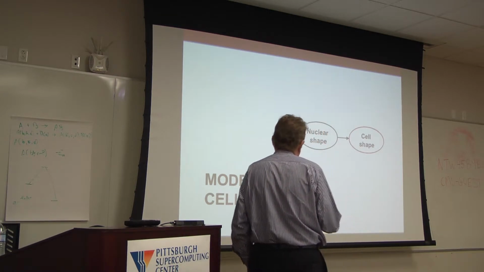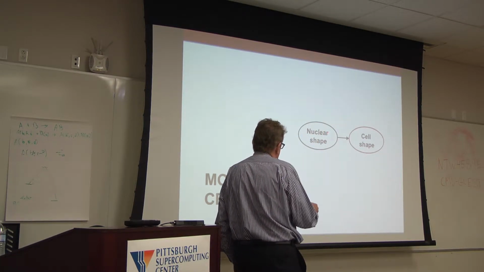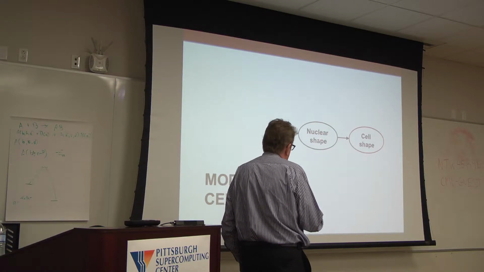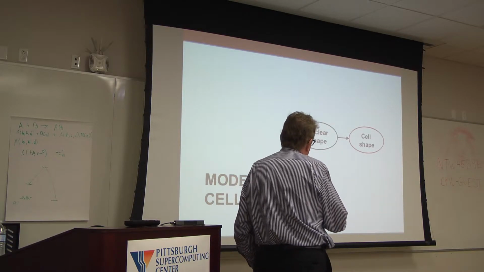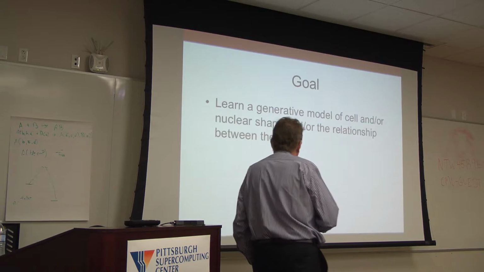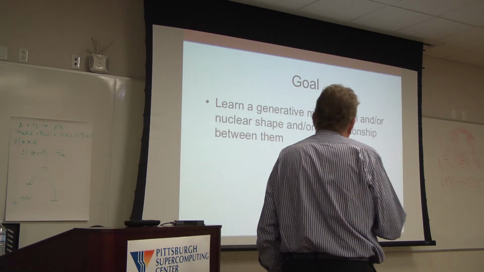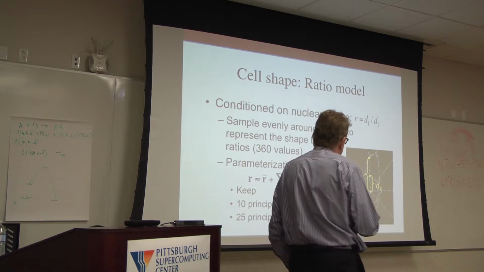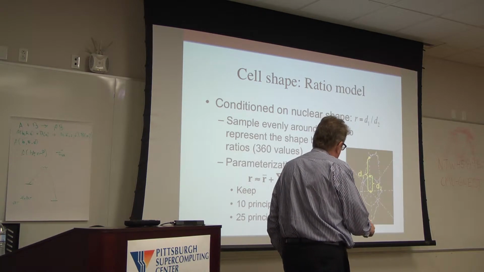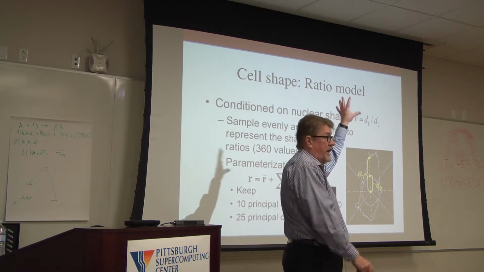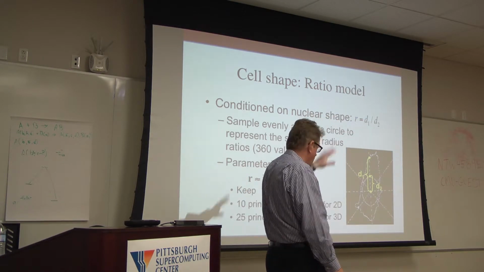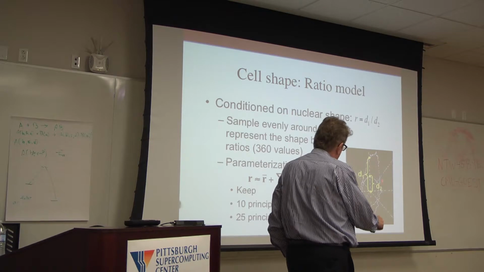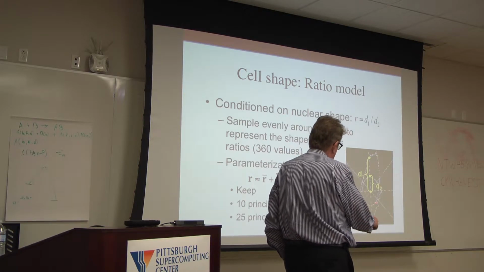Models of cell shape. Here's an example. What we're going to say is that cell shape is dependent upon nuclear shape. Now what do we mean by that? What we're going to do is learn a model of how the cell and the nuclear shape relate. And one of the things we could do very simply is to think of, all right, I have a model of the nucleus. Let's say that spline surface model or anything else. What I want to do is capture how the cell shape depends upon that.